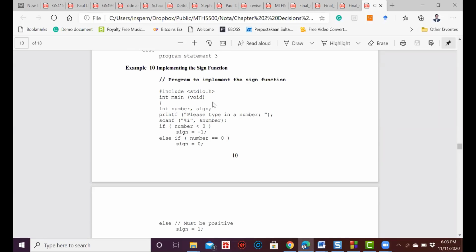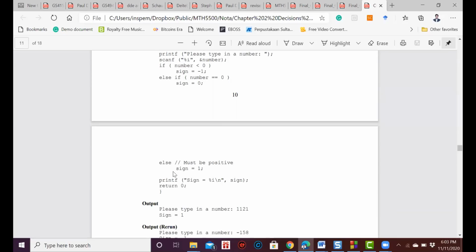Implementing the sign function. Look here. We declare number and sign, and then ask the user to type in a number. Then scanf number. If number is less than 0, then sign is -1. Else if number is equal to 0, then sign is 0. Else sign is 1.